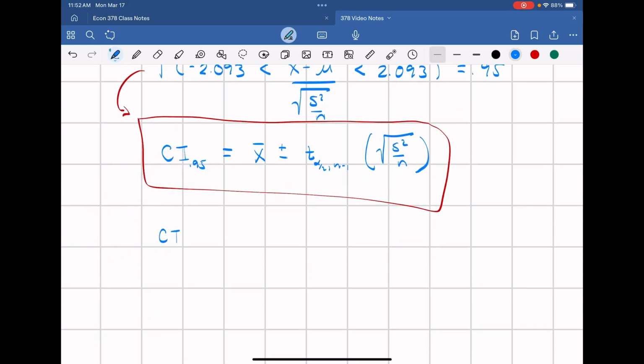The 95% confidence interval is equal to X bar, and I have that. That's 61,000 plus or minus my t, which is 2.093, and that's both the positive and the negative t, times the square root of s squared over n, which is 13,000 divided by n.